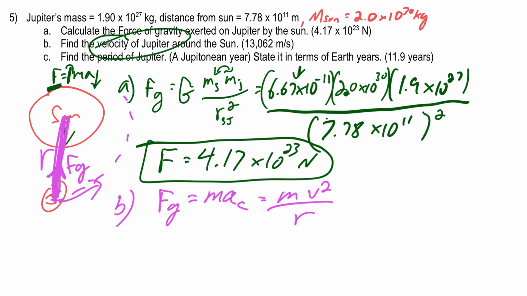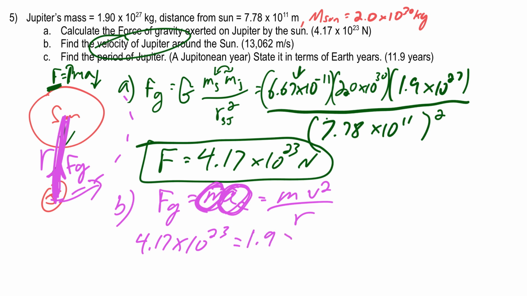All right, so Fg then, we know that's 4.17 times 10 to the 23rd. Okay, the mass, so what mass is this? Well, remember, whatever mass is attached to the ac, that's the object that's going in the circle. So in this case, that would be the mass of Jupiter.